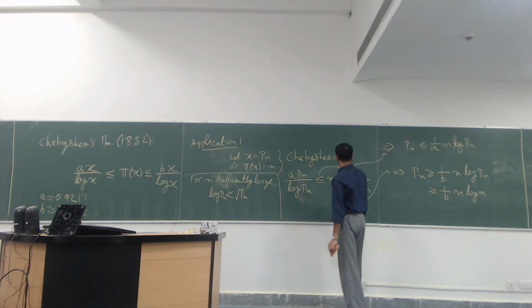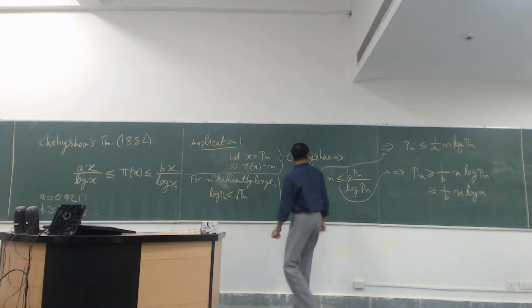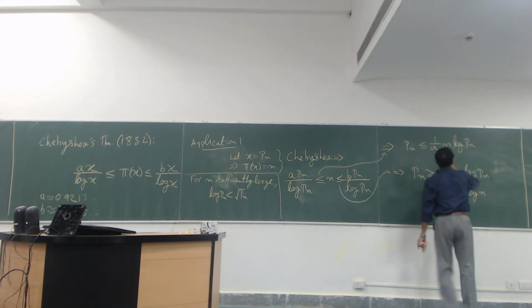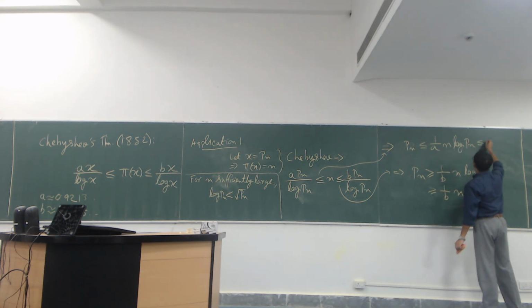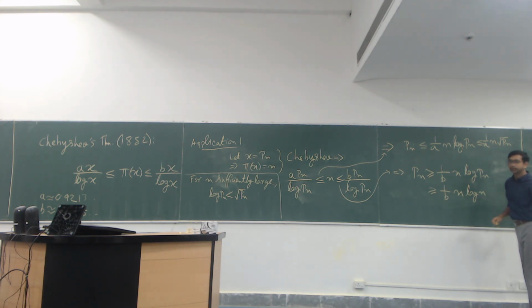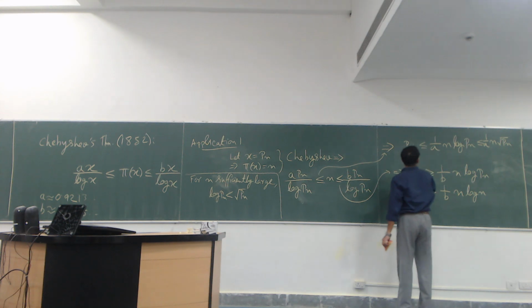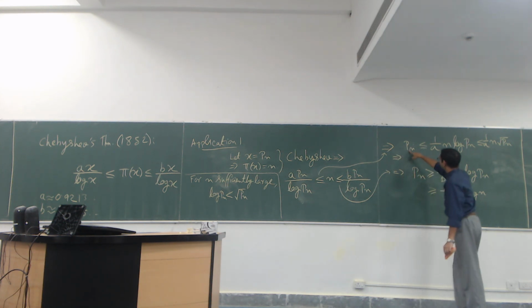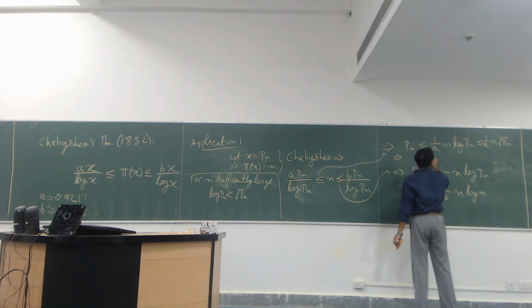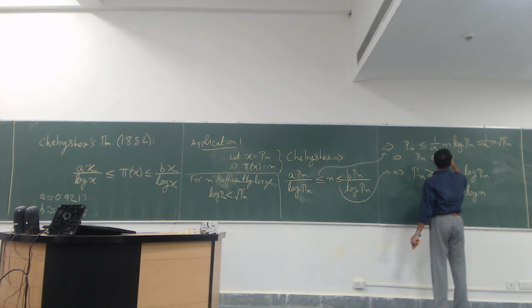Okay? So we put it here. So if we put it here, we get (1/a) n root Pn. Right? So that would imply that, well, here we get root Pn and if you square it, you get Pn is less than or equal to n squared by a squared.